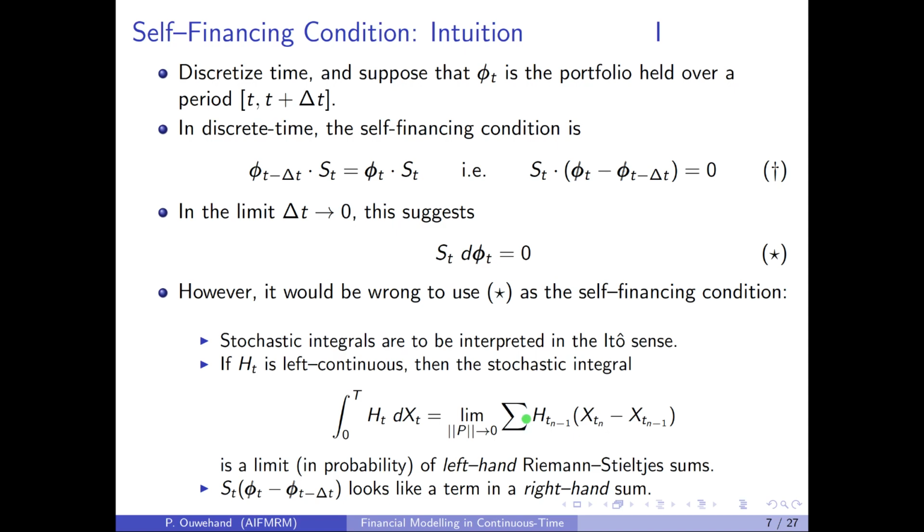And what we see here is that the terms look like terms in a left-hand Riemann-Stieltjes sum, where the integrand is known at the initial time of the interval. If we look at this expression over here, however, the integrand is S t and it is known at the terminal time. In other words, it looks like a term in a right-hand Riemann-Stieltjes sum.